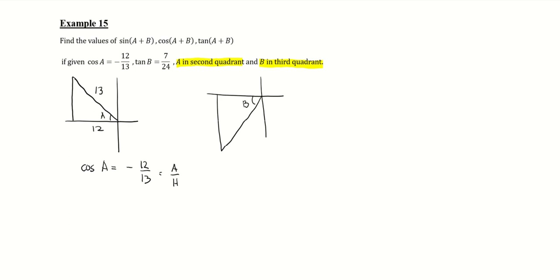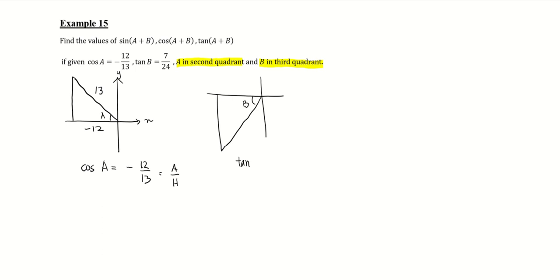Hypotenuse is always positive, and the adjacent value 12 here is negative, because this is like a graph. When the value of x is at the left of the origin, it must be a negative value.